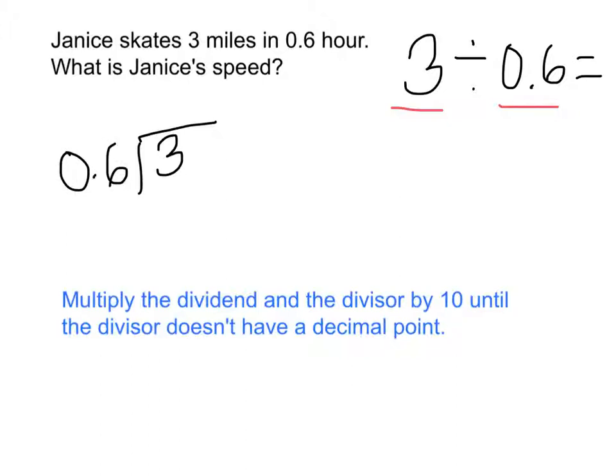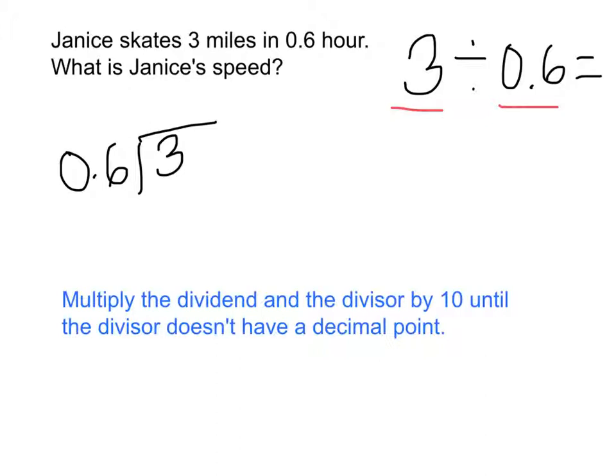The quotient. Now, when you are dividing, this is important now. When your divisor has a decimal, you can't divide. So we have to get rid of the decimal. Now, how can we get rid of the decimal? If we move it one spot over to the right, would that be getting rid of the decimal?